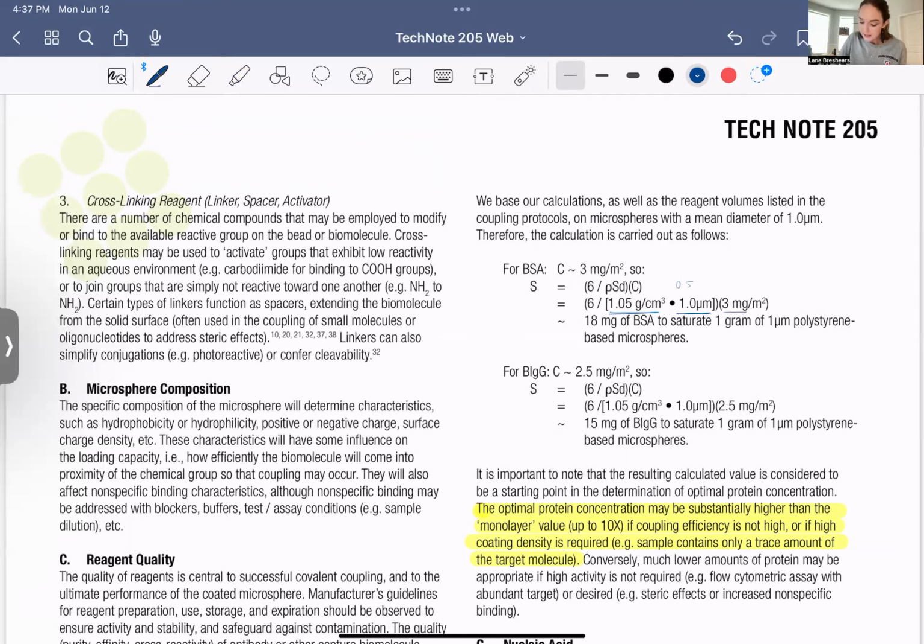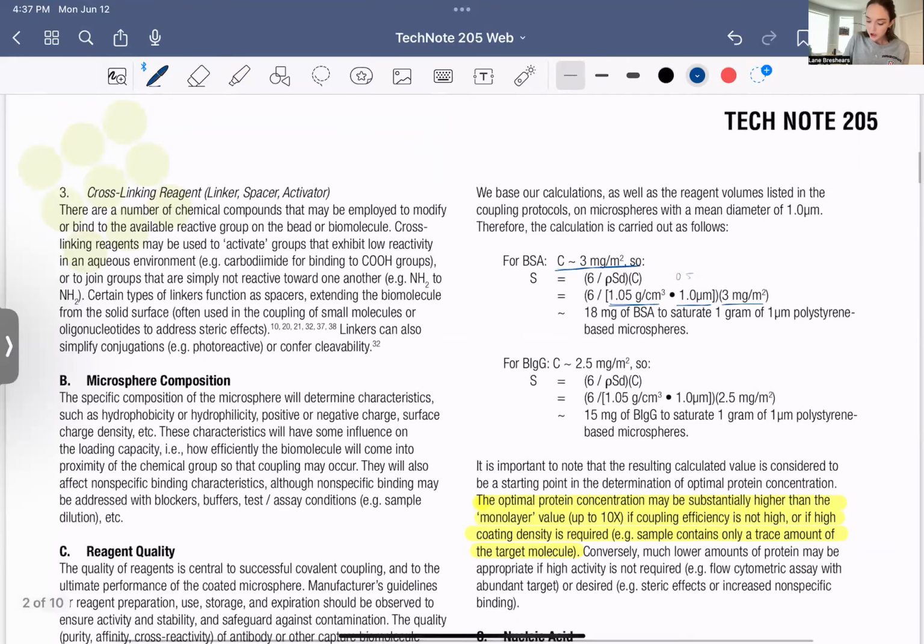And then this is the capacity that is calculated in literature. Once you use the equation, you would find out that you would want to add 18 milligrams of BSA to saturate 1 gram of 1 micron polystyrene-based microspheres. And that is just something that you would measure out and add in at the appropriate point in the protocol.